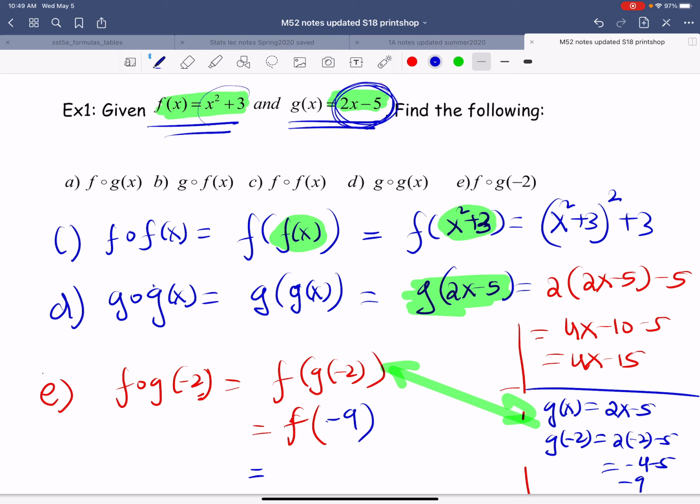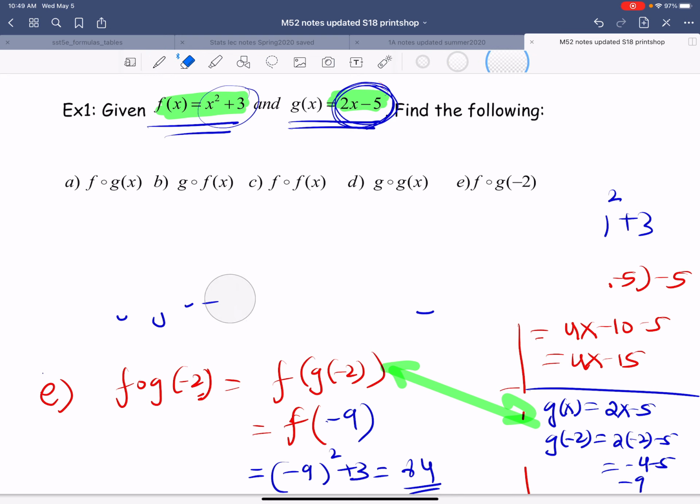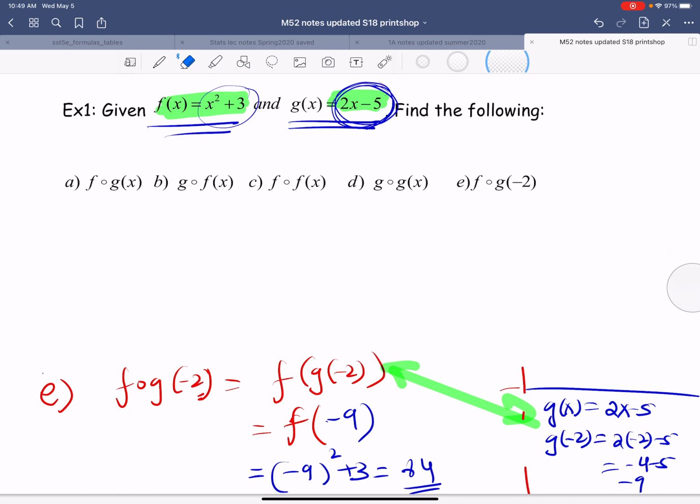I'm going to replace the x by negative 9 in the f function: negative 9 squared plus 3, which turns out to be 81 plus 3, which is 84.